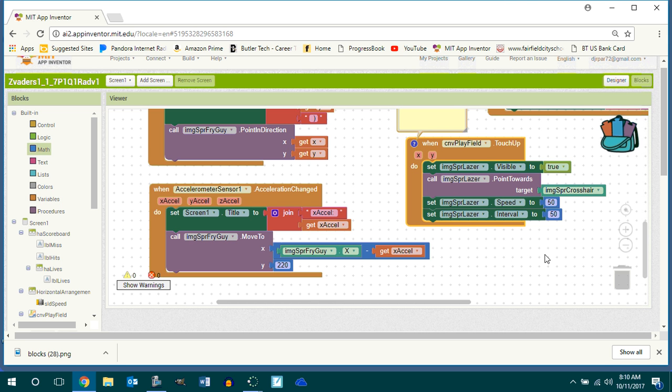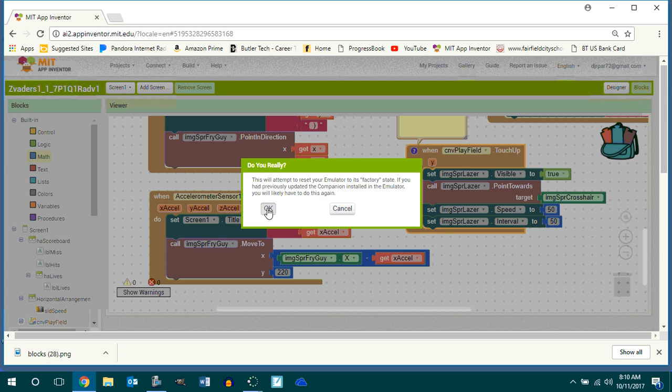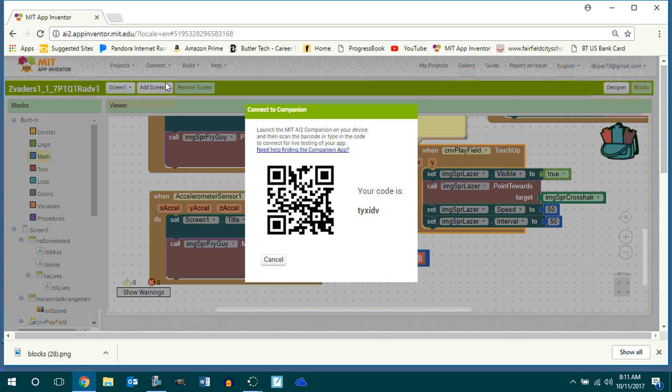Now we got to start thinking about when should the laser disappear? Yeah, we got to do that, right? When it collides with either a Zamberger, um, it can collide with a Zamberger. Hard reset. I don't know what that means.